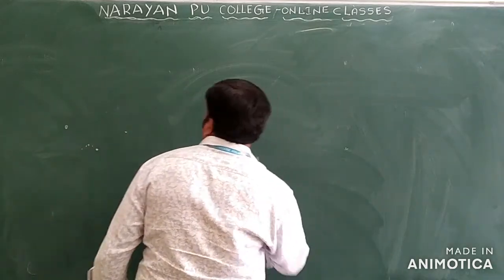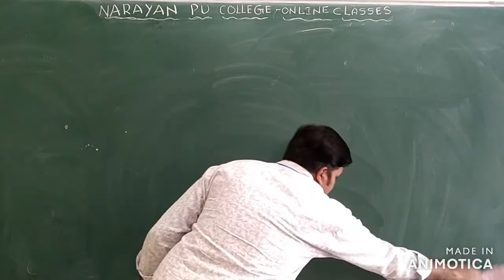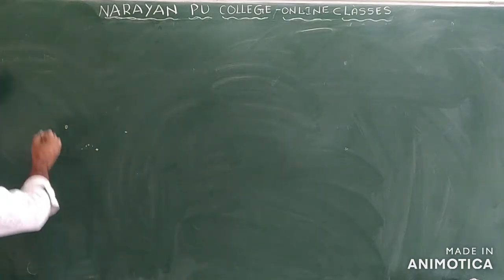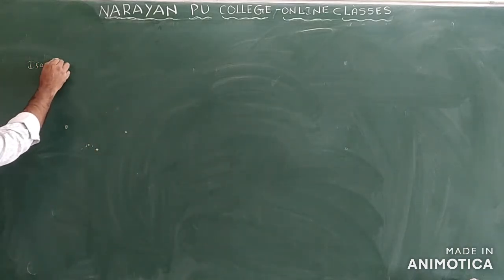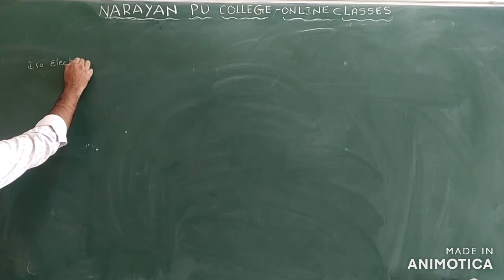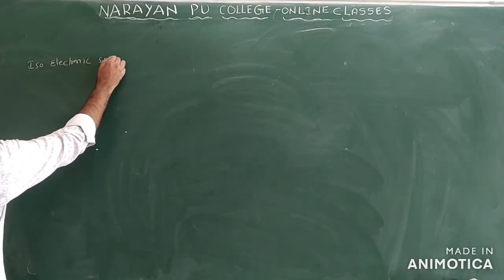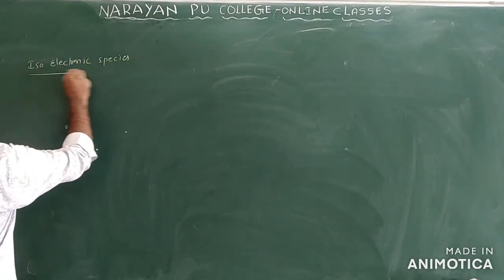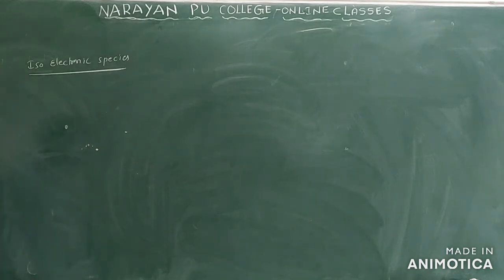So this is regarding the ionic radius concept only. Next we will discuss the next concept, isoelectronic species. What is meant by isoelectronic species?